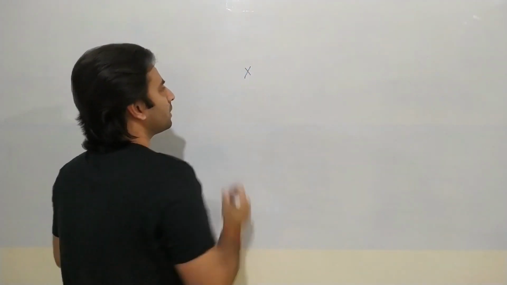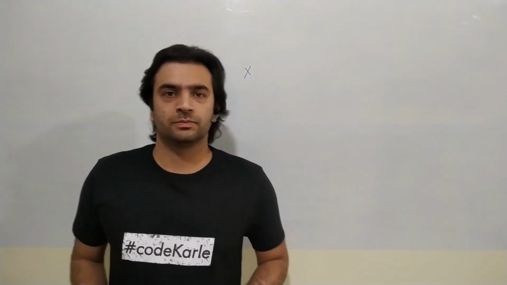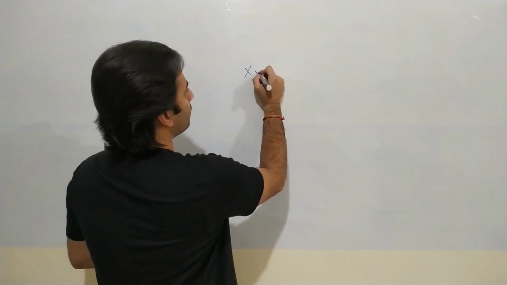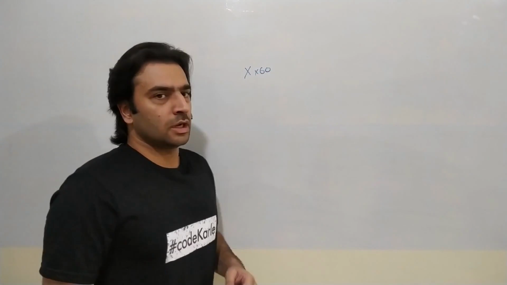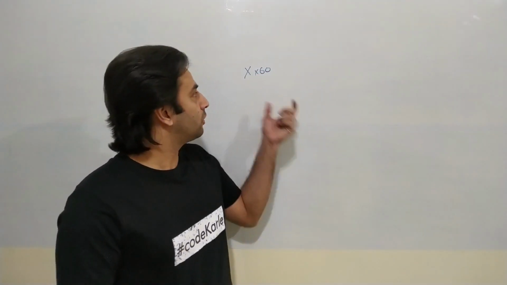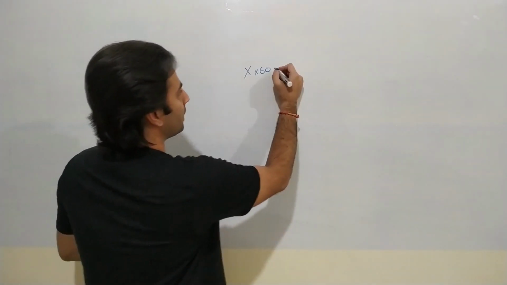With that in mind, let's look at how we can come up with the potential length. Let's say your interviewer tells you that X requests come to you every second. So X into 60 is the number of requests, which are basically the number of short URLs that you have to generate, that come to you in a minute.